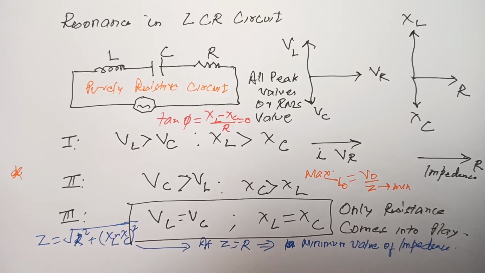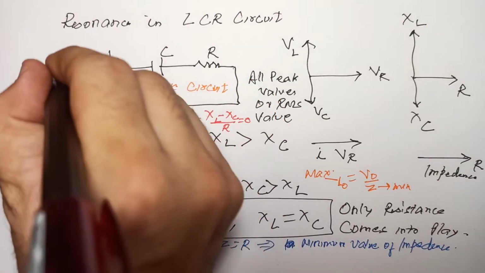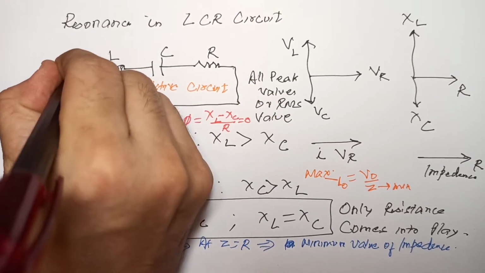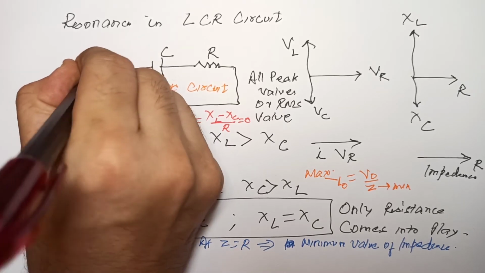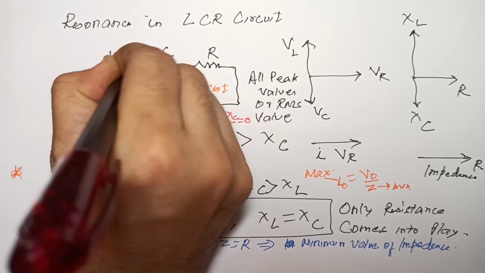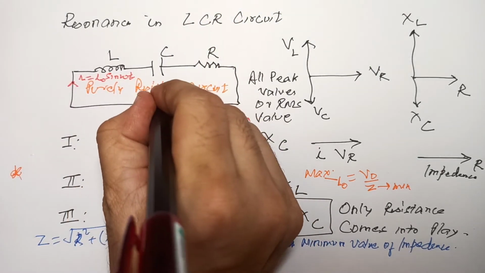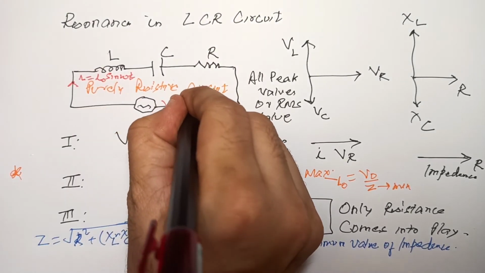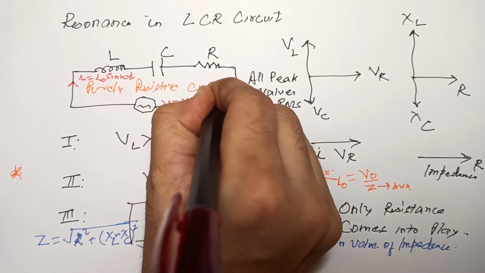We covered a bit in the earlier lectures as well, but because here we are talking about case number 3, which is when VL is equal to VC, XL is equal to XC, at this state the circuit behaves as a purely resistive circuit. In the purely resistive circuit, if the current is, let's say, I is equal to I naught sine omega t, then this is of course in the same phase, so V is equal to V naught sine omega t.